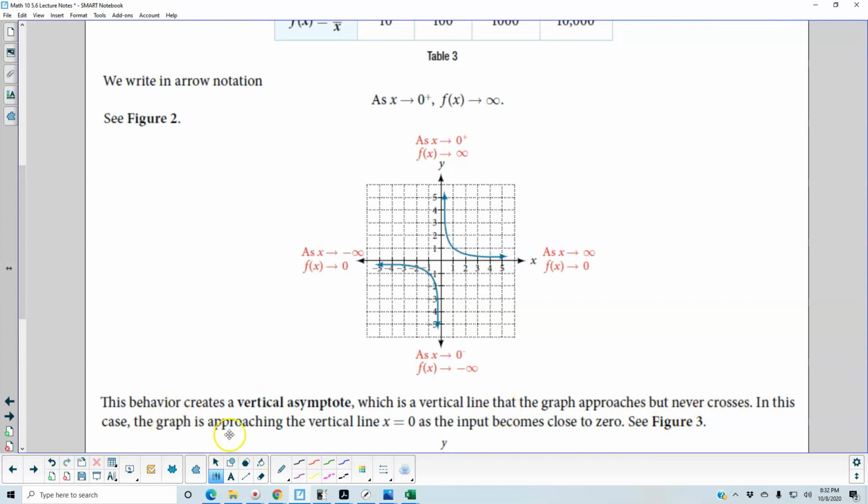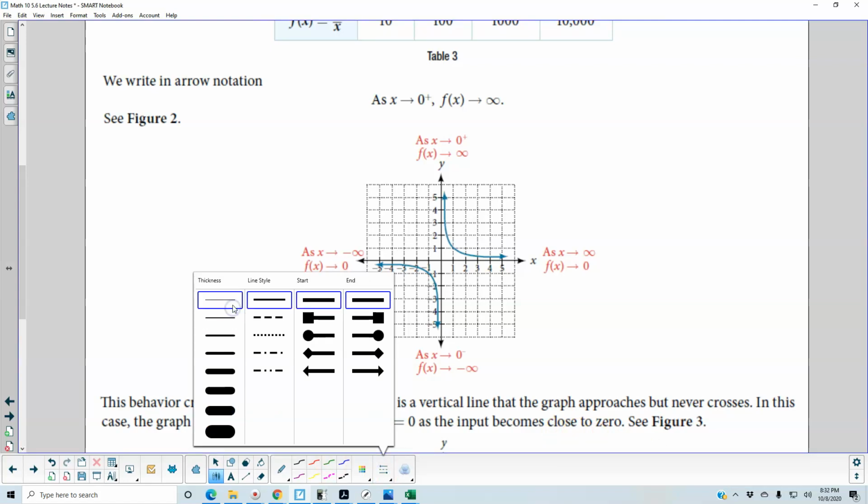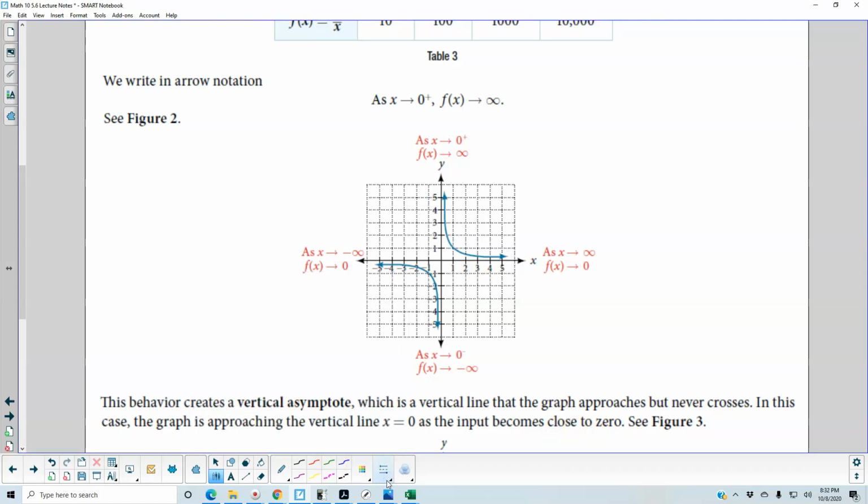In this case, the graph is approaching the vertical line x equals 0 as the input becomes close to 0. So let me go ahead and draw that vertical asymptote. Here is the vertical line x equals 0, and that is a vertical asymptote. Again, what that means is the graph approaches that line, but it's never going to cross it.